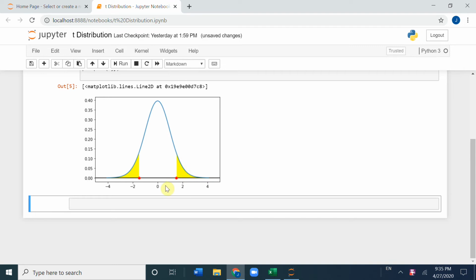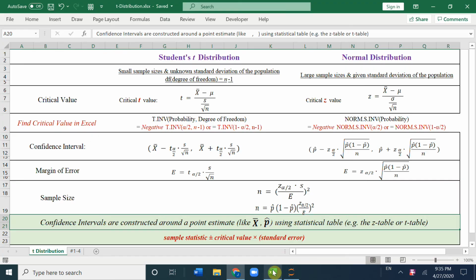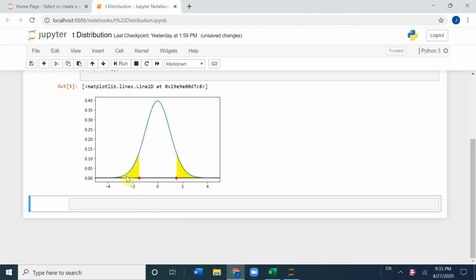And for Excel, no matter t-distribution or normal distribution, for these two functions, the probability means the left side area. If you want to get this point, you have to use the left side area up to this variable.